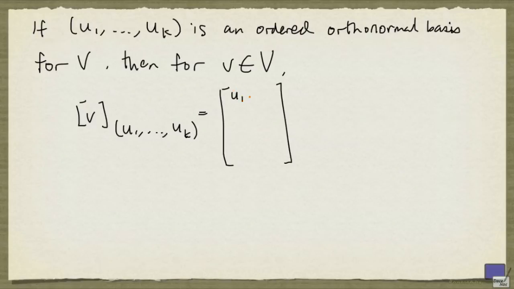So in the first component, we have u1 dot v, and in the second component, we have u2 dot v, and all the way to uk dot v.